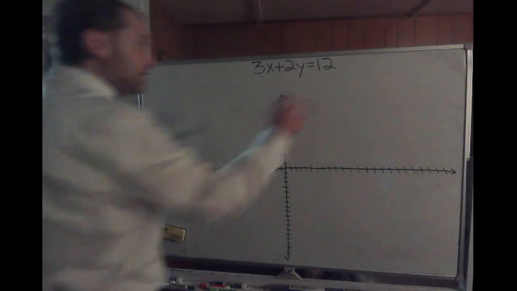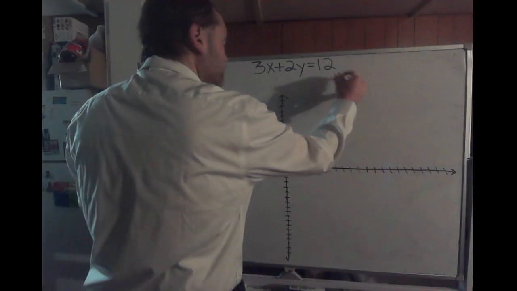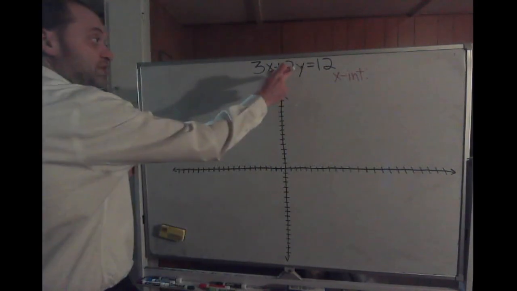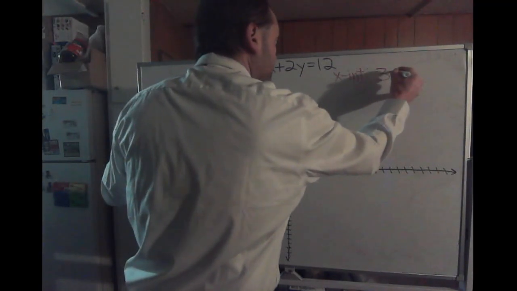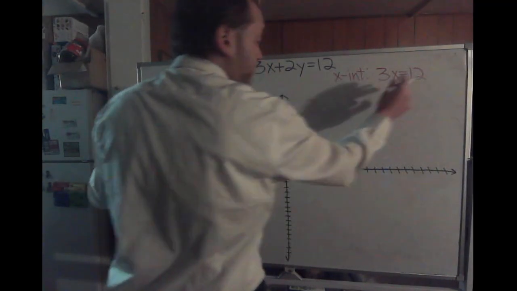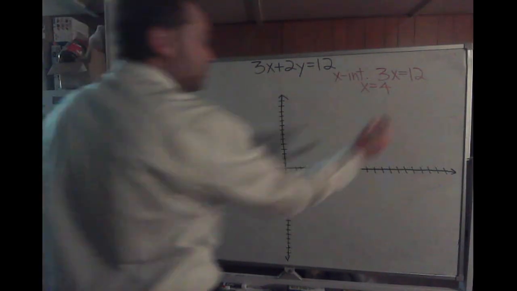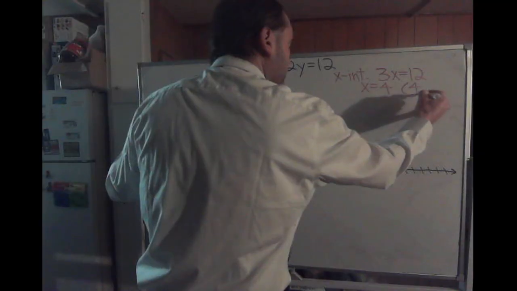To find the x-intercept, you set the y equal to 0, which would just give you 3x equals 12. Well, 3x equal to 12 gives you x equals 4. So then you would have the x-intercept of 4, 0.